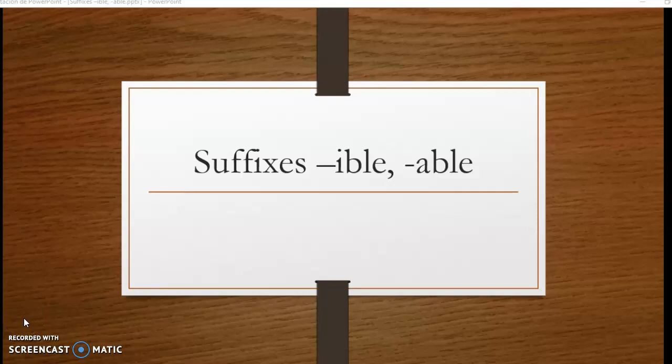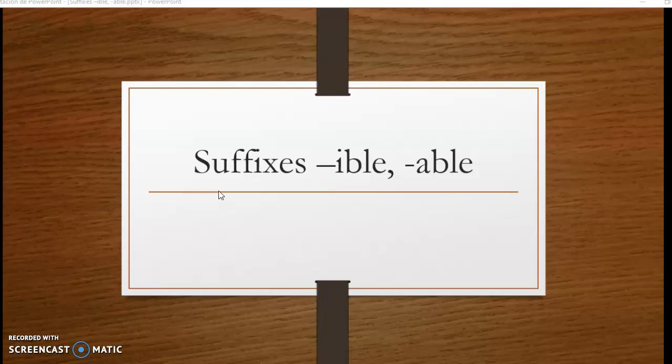So today we're going to talk about suffixes. I hope you remember the words suffixes and prefixes. I'll remind you the difference between suffixes and prefixes. About two weeks ago, we were talking about prefixes and where they go in the word.